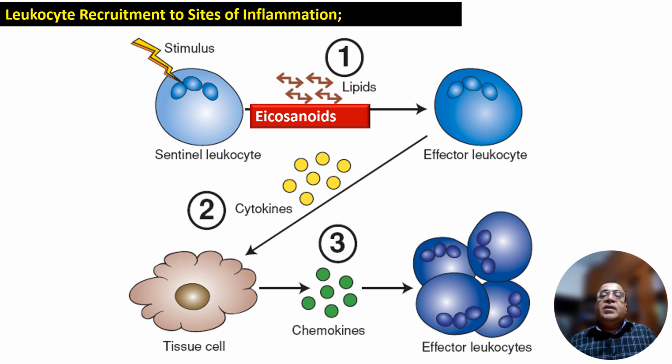Finally, they recruit more cells from the bone marrow, and the aggregates of these leukocytes release specific pro-inflammatory cytokines, and then they act on the tissue. Some of these are influenced by bacterial endotoxins and viral proteins also.